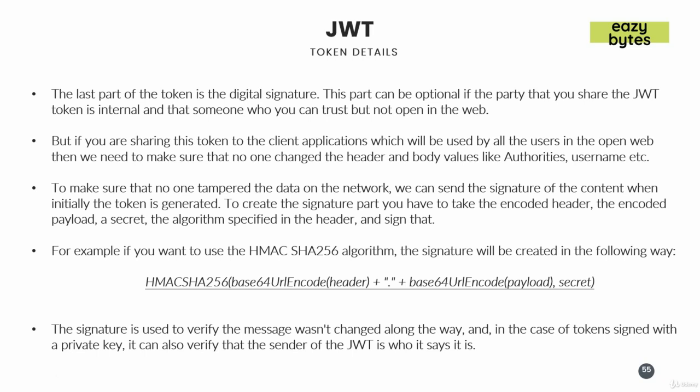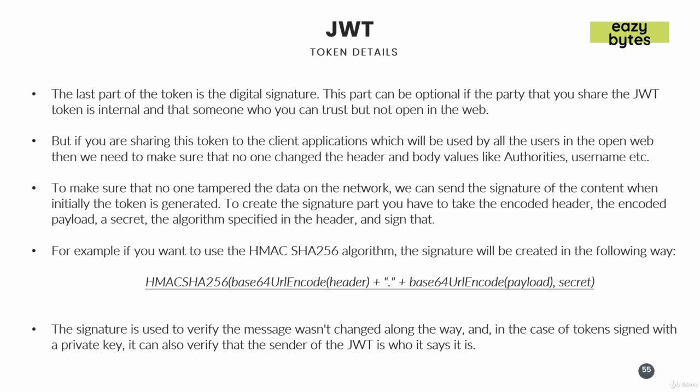What we do is we generate a hash value out of the header and body values that got generated in the token. We send that hash value inside the token also. If someone tampers with my header and body values from the other side and sends the value again to me, my backend application will calculate the hash value of the header and body again and compare the value already present in the token with the newly generated hash value.